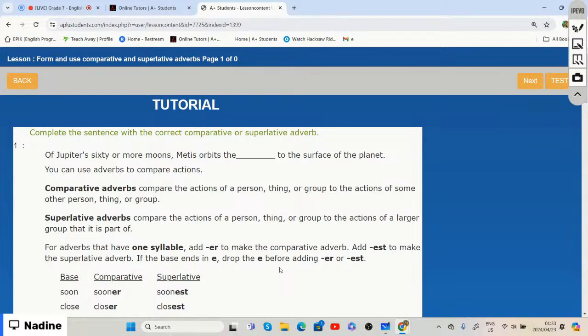So that is where we're comparing Jade to the whole class, instead of just one. Whereas a comparative would be like we would say that Jade is smarter than Amy, for example. So that is a comparative. You're just comparing her to one person. But as soon as you compare somebody to a larger group, then that is a superlative adverb, right?